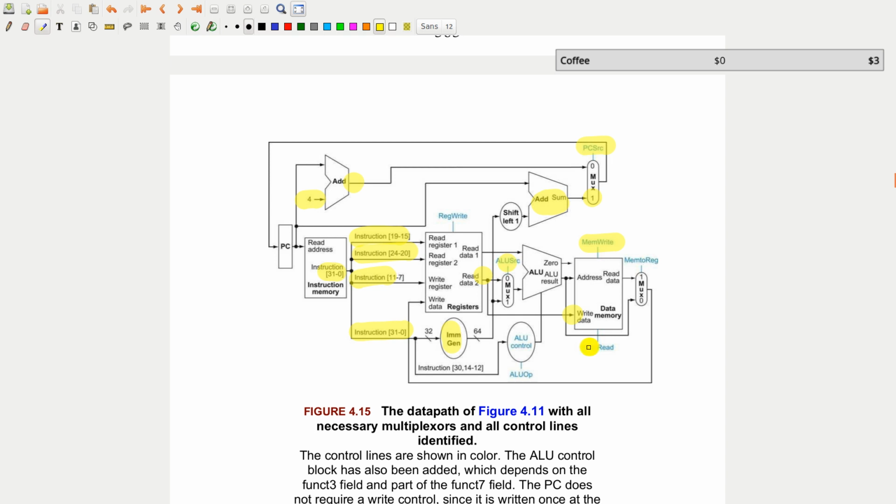And if memRead is 1, whatever address given here is put on the read data line. So a lot of words to say something pretty simple. If we want to write data, we'll pull it high, and then we'll use the address. Otherwise, we're not going to use the address, and we're not going to do anything. Same thing for write: we're going to use this address and this write data, and we're going to write something to memory.